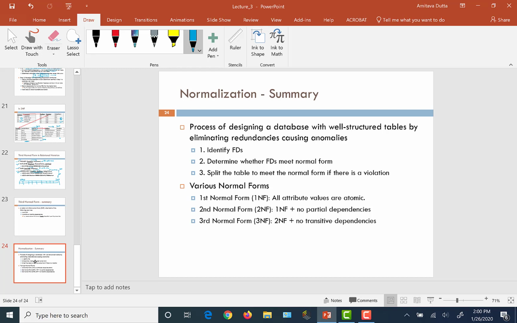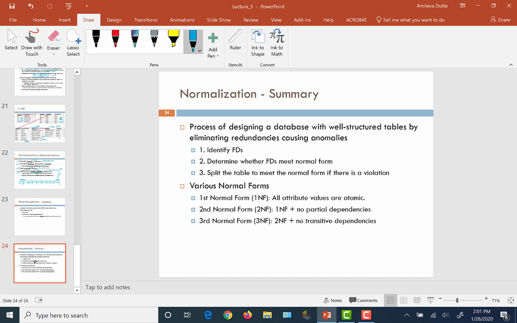And in those rare instances, you have to go to even higher normal forms like fourth normal form and Boyce-Codd normal form, BCNF, but we will not be studying those in this course. For purposes of this introductory course, as long as you know how to normalize tables up to third normal form, that will be sufficient. So this is where we will stop in terms of theory for normalization.